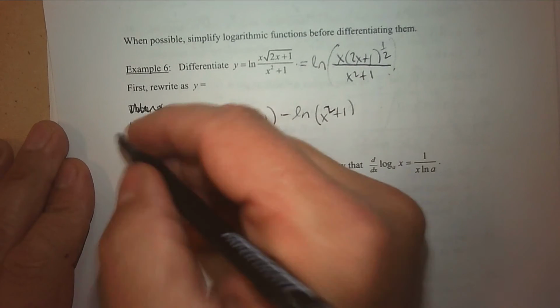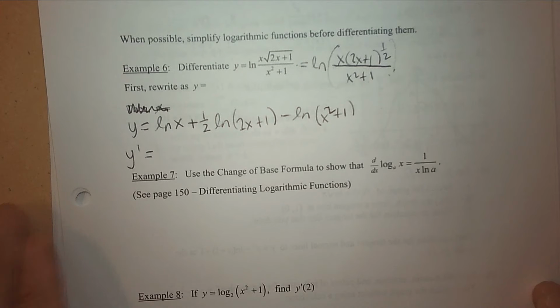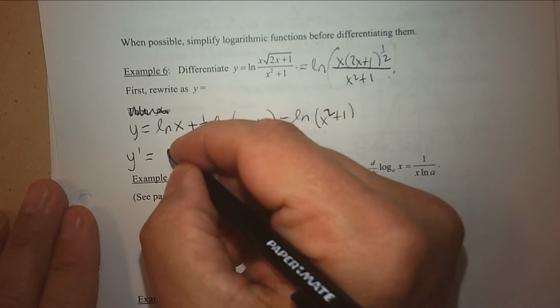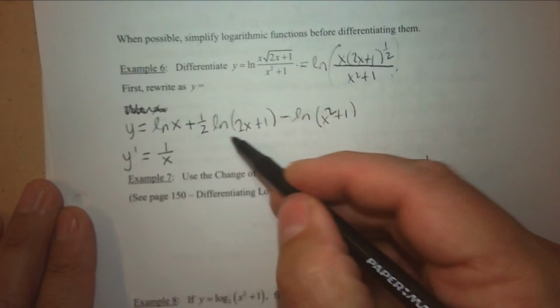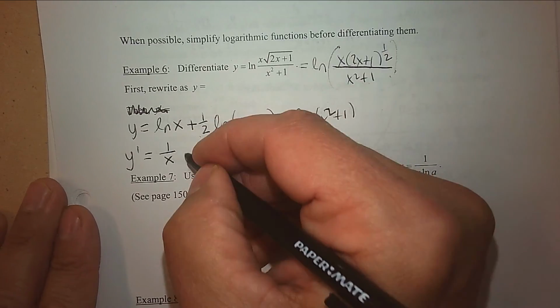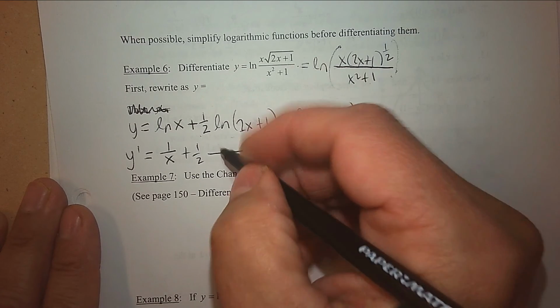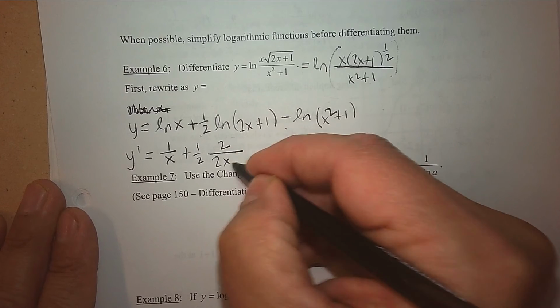All right. Now, how would you take the derivative? So sometimes you got to use properties of logarithms. Now you can take the derivative. So what's the derivative of ln x? 1 over x. What's the derivative of 1/2 ln (2x plus 1)? What goes in the numerator? 2. Thank you. And then what goes in the denominator?